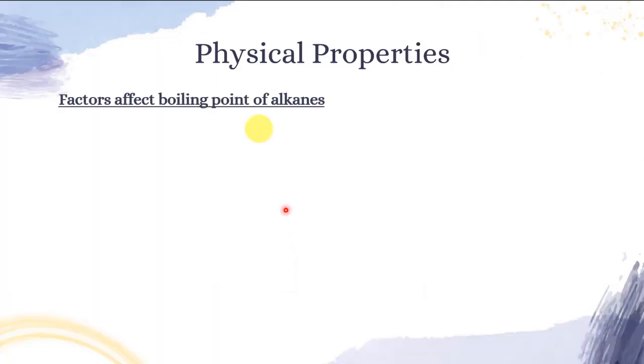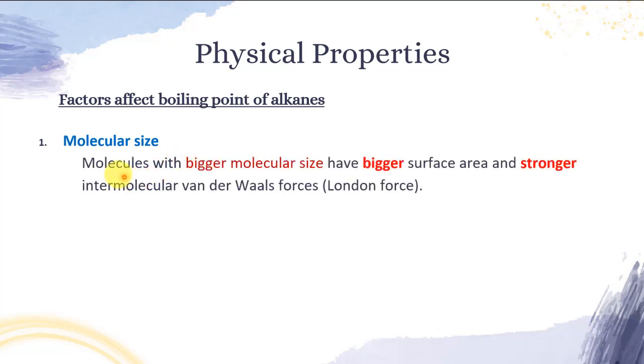First of all, physical properties include the boiling points of alkanes. The first factor that affects the boiling point is the molecular size. Alkanes with a bigger molecular size will have a bigger surface area. Therefore, they will experience stronger intermolecular van der Waals forces, or in other words, London forces, as hydrocarbons consist of only carbon and hydrogen.